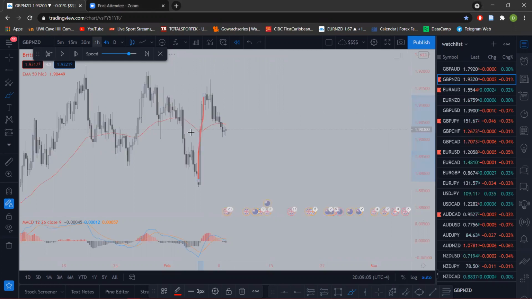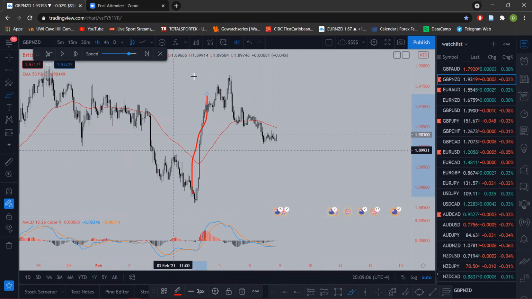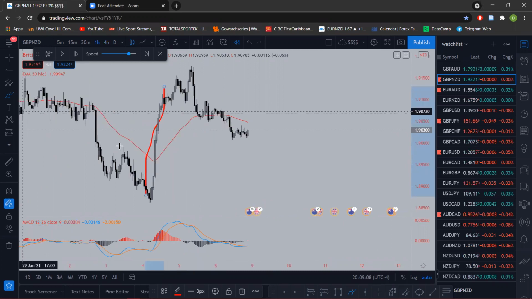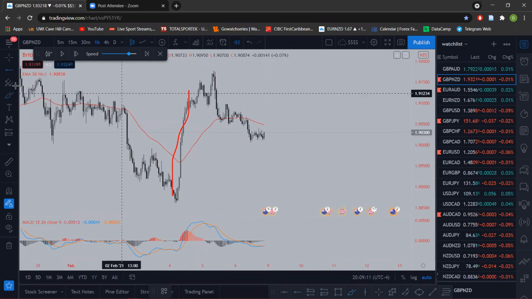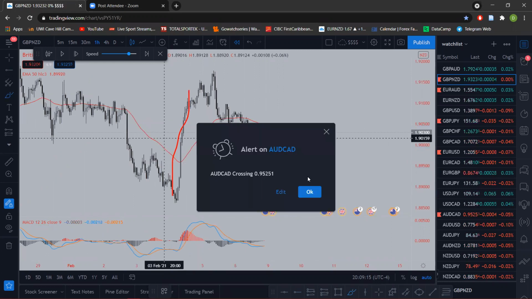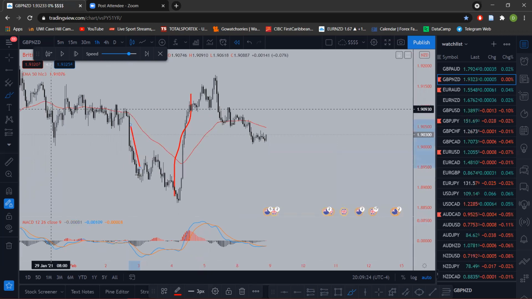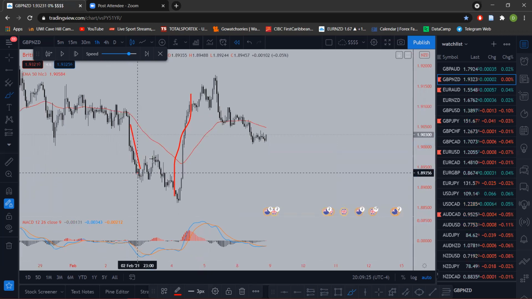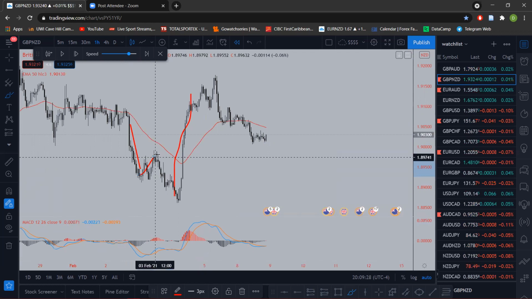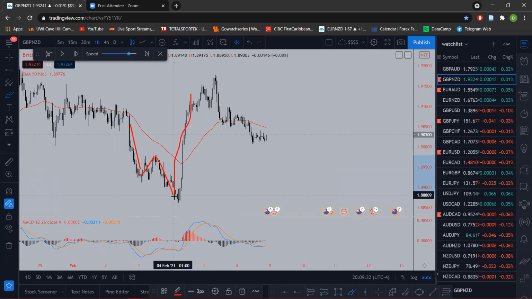Right. So when we have our impulse move, we can look for our break of structure. You can see that in the market, the market moves down, creates a low, creates a lower high, then creates a lower low.